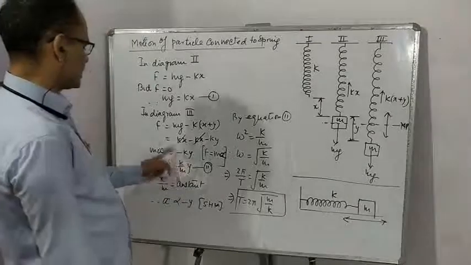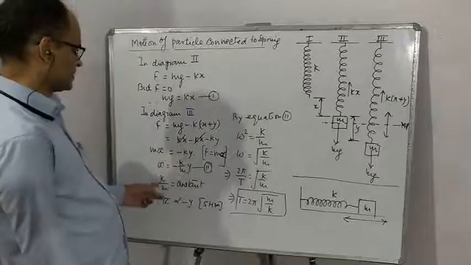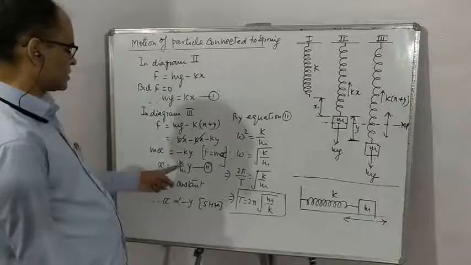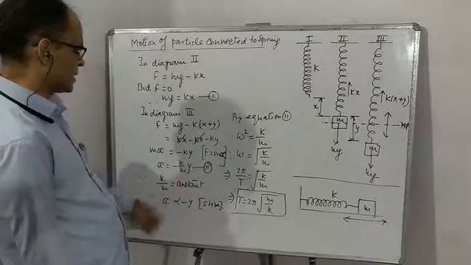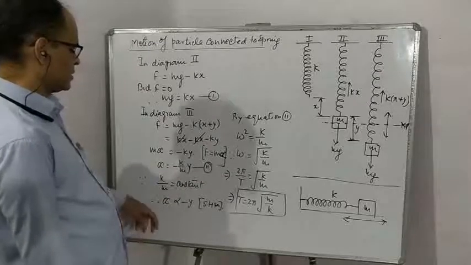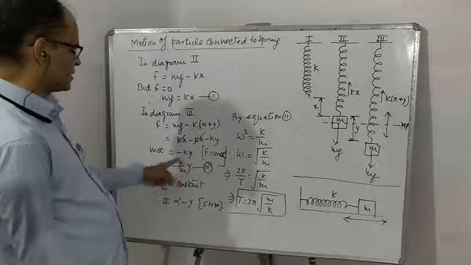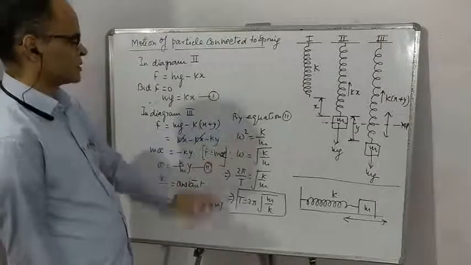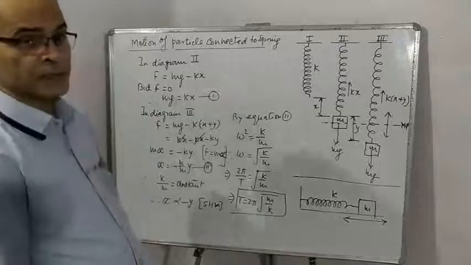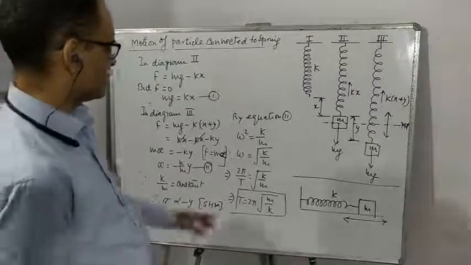Now the standard equation of simple harmonic motion is alpha is equal to minus omega square y. So we can compare the quantity k by m with omega square. Omega is angular velocity.